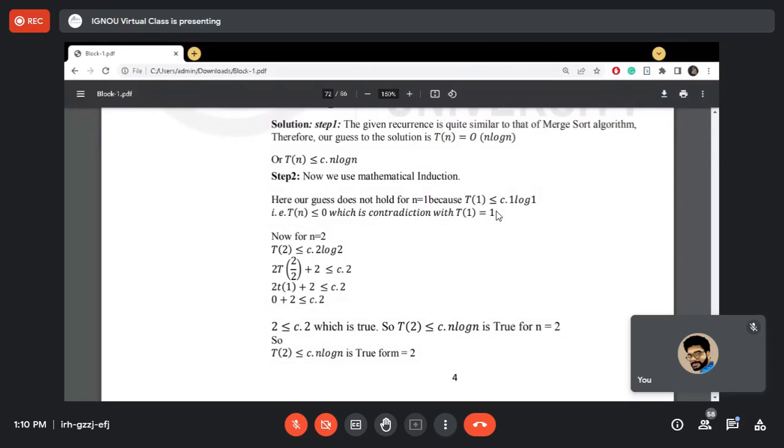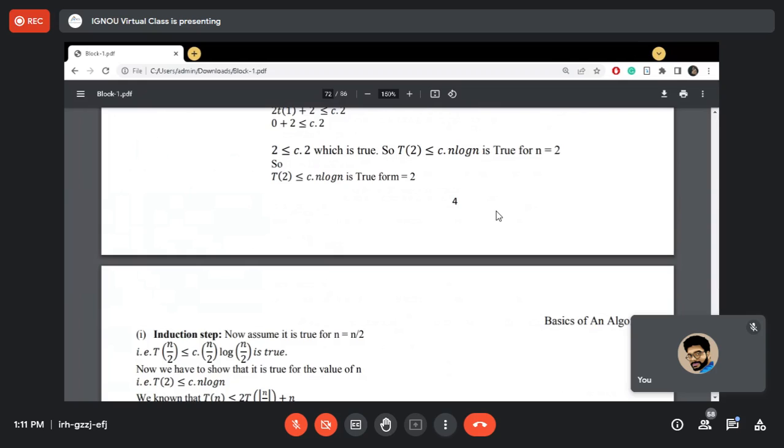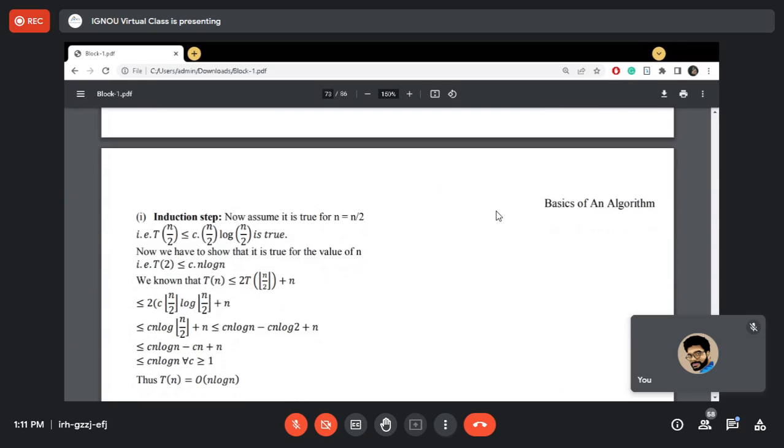While n is equal to 1, let's assume we got a value. Here we have T(1), right? So here is something incorrect. Printing mistake. I have to do it once again. Yes, I think there is a mistake here. I have to do it by myself, then we'll give you the solution in the next class.